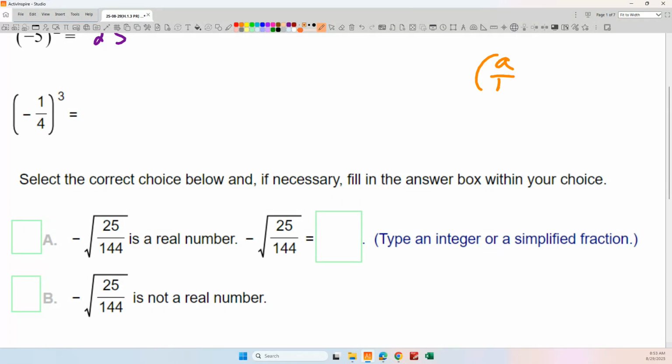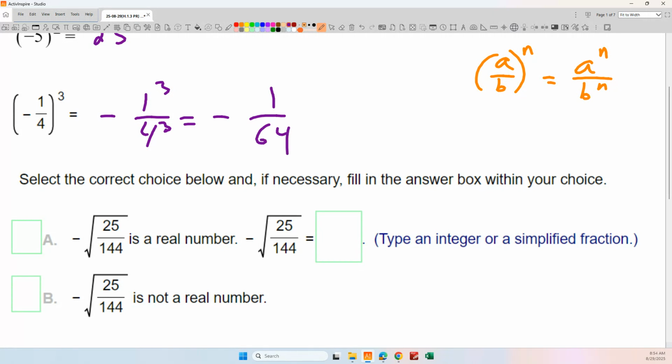If I have the quantity A over B to the n power, what's that equal to? A to the n over B to the n, yeah. So it's almost as though we are distributing that exponent to both parts of that quotient, right? Good. So we end up with negative 1 cubed over 4 cubed, which is what? Negative 1/64. Good. Okay.